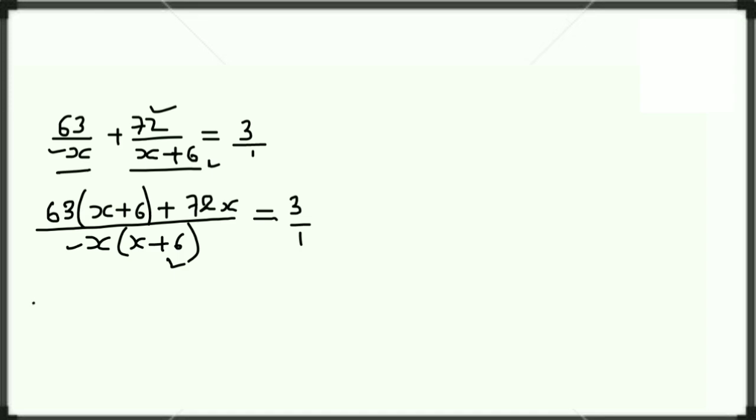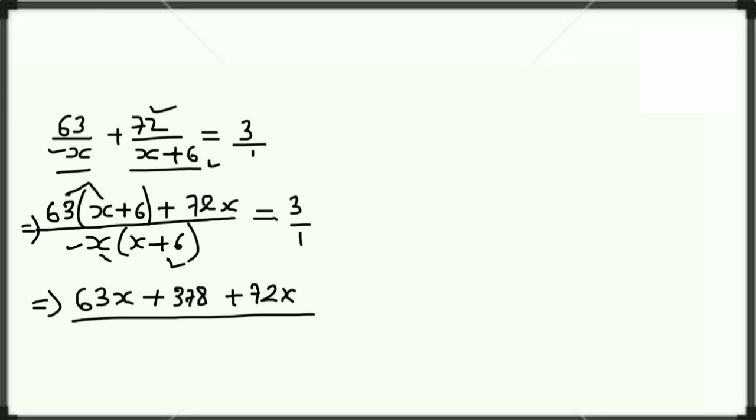Now 63x plus 6 times 63 gives 378, plus 72x as it is, and here also x into x is x square plus 6x equal to 3 by 1.